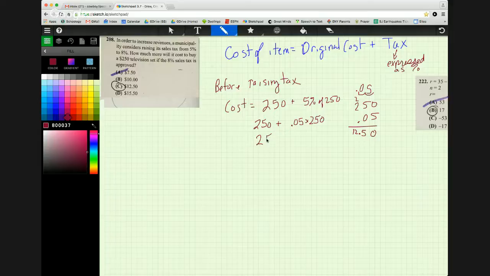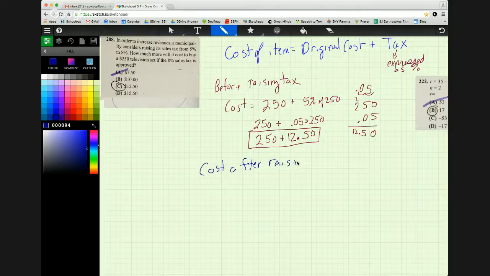So the original cost is $250 plus $12.50 in tax. Now I'm just going to leave it like this, and you'll see why. We could have added it together, but I'm just going to leave it like that for a second. And let's go on and figure out what our cost is after raising tax.